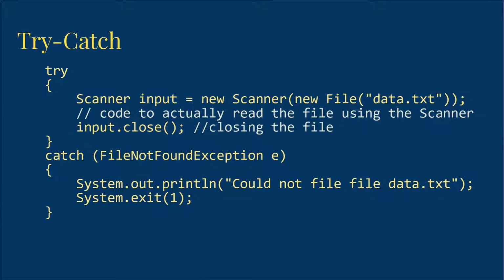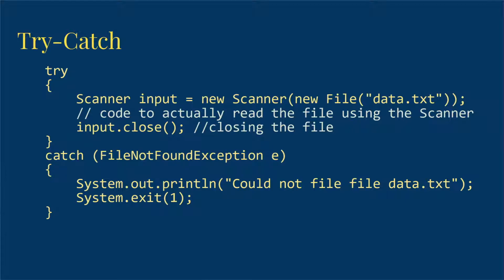Then we have the catch statement that specifies that we're catching a FileNotFoundException. And this code will get executed if and only if the code above generates the file not found exception. If everything goes well, we'll work through all the code in the try statement and skip over the catch and go on.